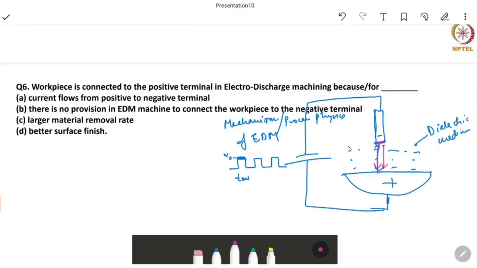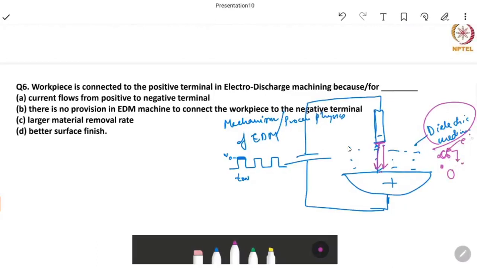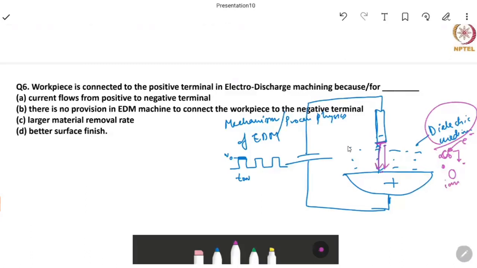As the electrons flow through the dielectric medium, they ionize the dielectric molecules, and due to collision with the electrons, the molecules dissociate into ions.